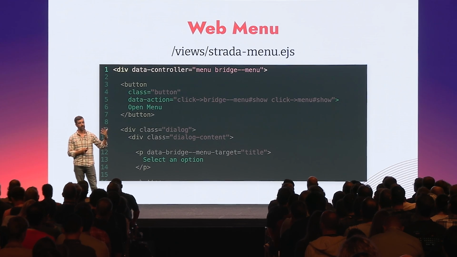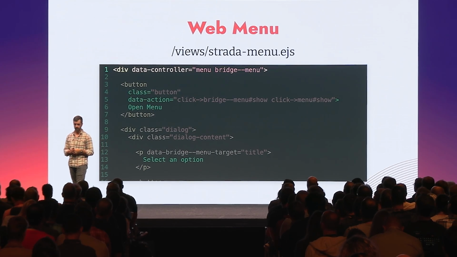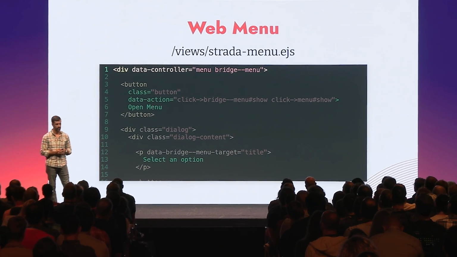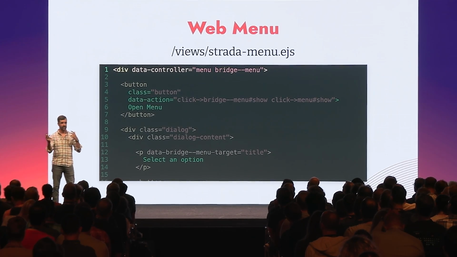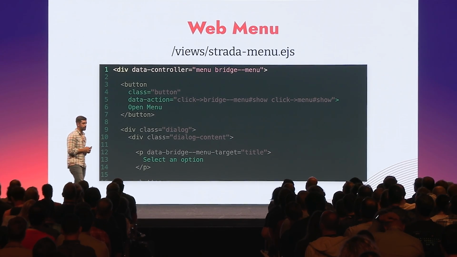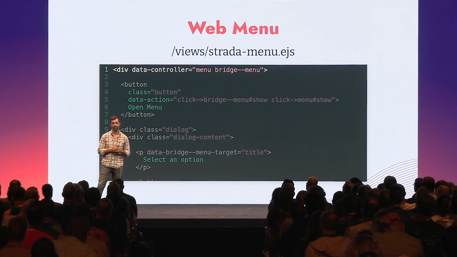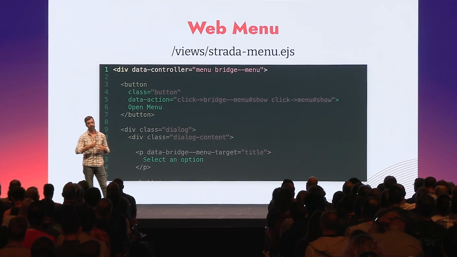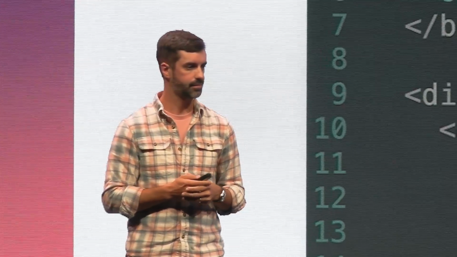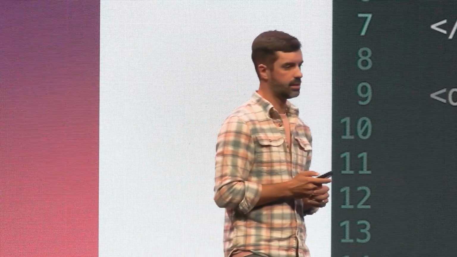And we've also got a bridge menu controller for the bridge component. Both of these can work together, and even if you're already using a Stimulus controller for your web features, you can layer on a bridge component, and those can work together. And I'll show you how that works.